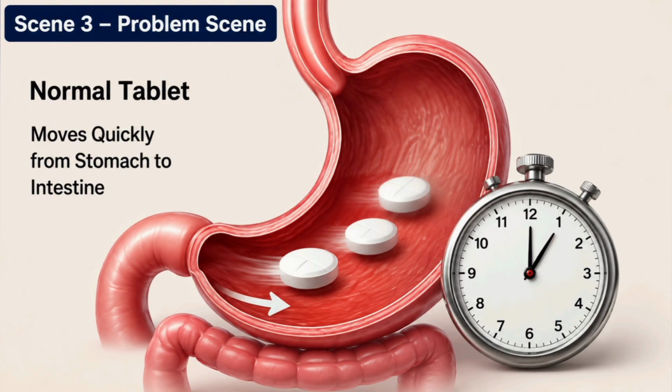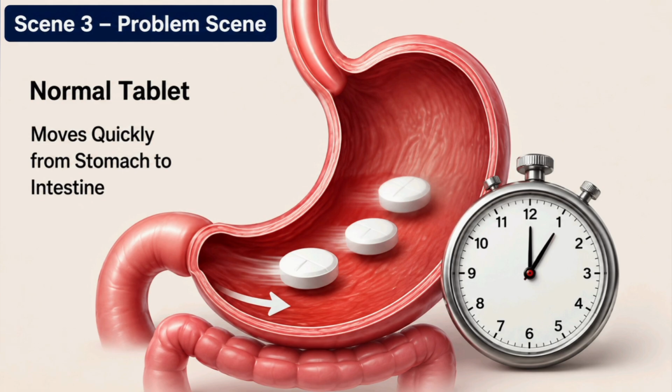Bioavailability may also decrease. Students, imagine you have only 10 minutes to enter an examination hall. If you miss that 10 minute window, can you enter later? Maybe not. Similarly, some drugs have limited regions where absorption is favorable. This is called narrow absorption window.